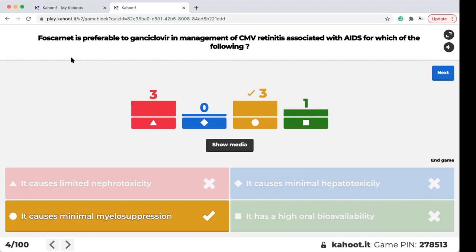Foscarnet causes less myelosuppression than ganciclovir, while the main problem of ganciclovir is myelosuppression, or bone marrow depression. It has high oral bioavailability? No, this is not a true answer. The high oral bioavailability is only for valganciclovir. It is not even for ganciclovir, it is for valganciclovir.